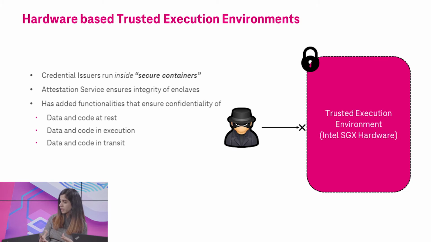Moreover, any processing that's happening, all the data that's being stored on memory or on the file system, is also encrypted. So running the system like this gives us the confidentiality of data and code at rest, in transit, and in execution. We also wrote a paper about it, and this solution has been vetted by the scientific community.